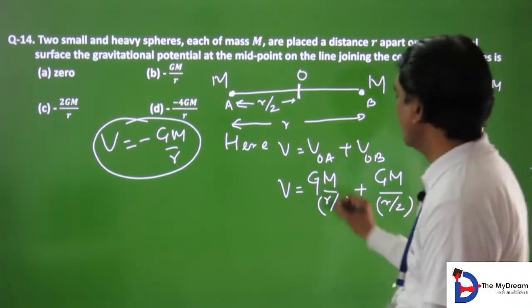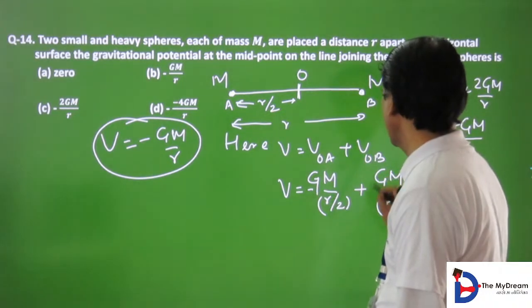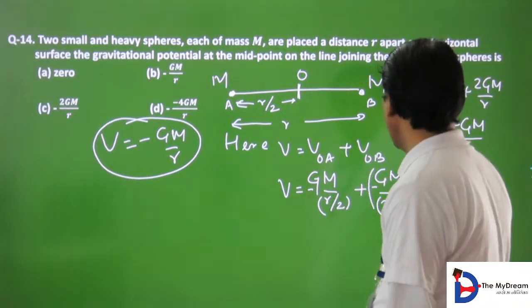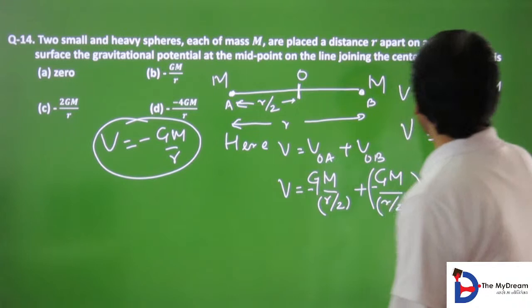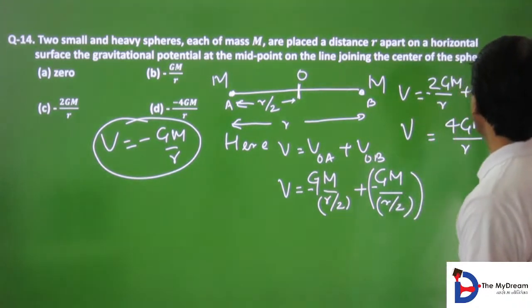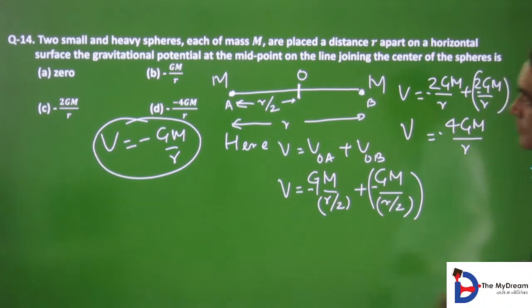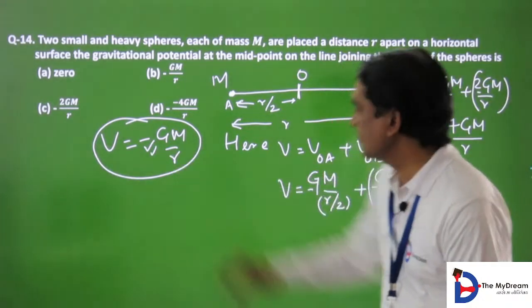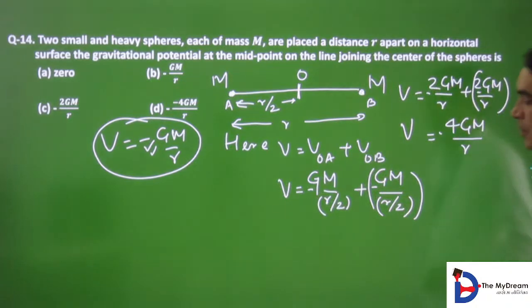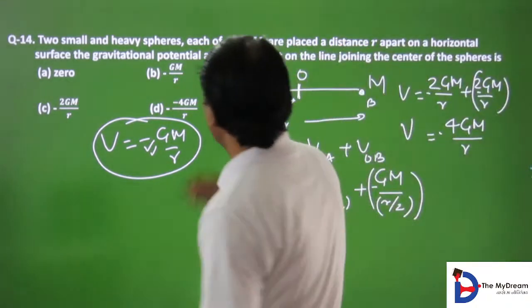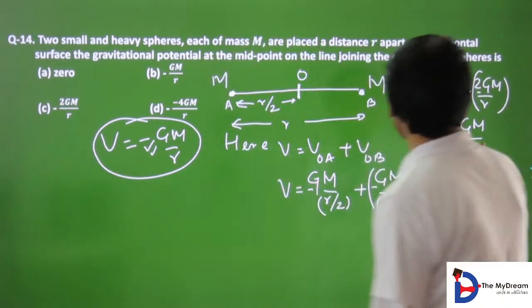And my dear, potential कैसा है? Negative. So it will become minus. ये रहा minus. Now, so option D is correct.